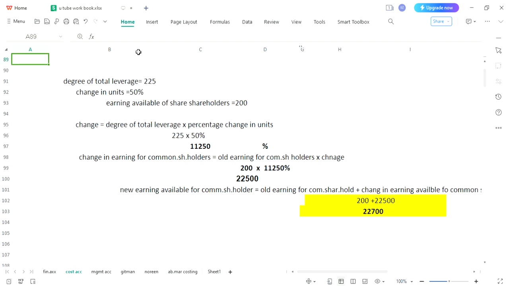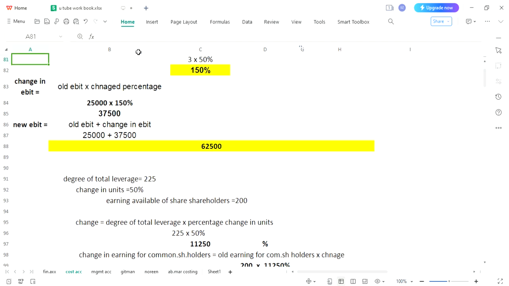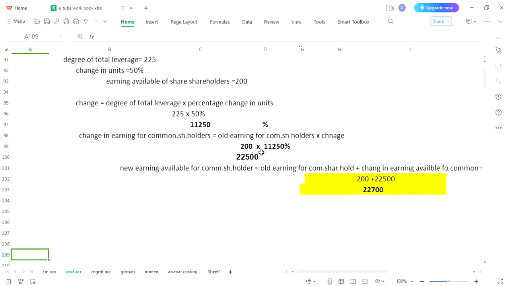What proof we need to do, that if you change your number of units by 15,000, your earning before interest and tax would increase from 25,000 to 62,500. And second thing we have discussed, our old earning available for shareholder was 200. Your new earning available for common shareholder would be 22,700. With just this single statement you have completed your question.